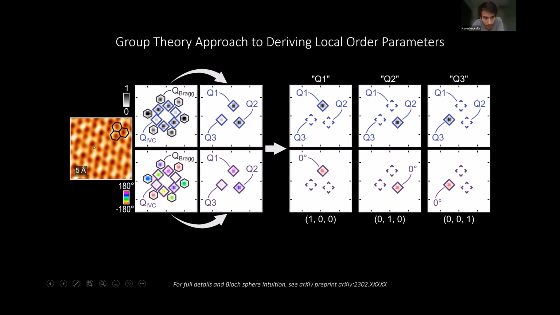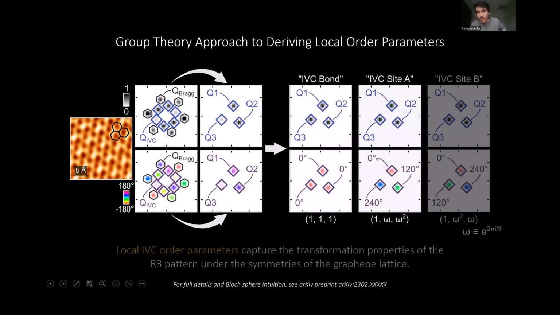Under 120-degree rotation, Q1 will rotate into Q2, Q2 into Q3, and Q3 into Q1. So when we rotate this basis vector, Q1 rotates into Q2, which will scramble the information among them. Together, all of these have C3 symmetry, but each of the local order parameters individually does not have this intrinsic symmetry encoded. So the upshot of this is to choose a different basis.